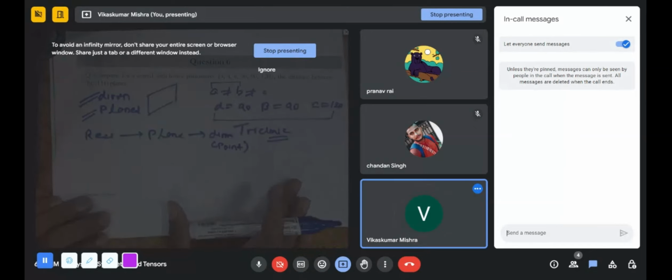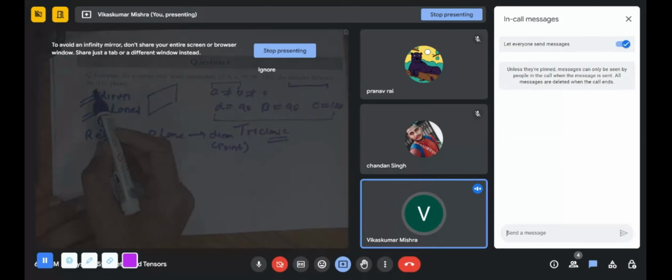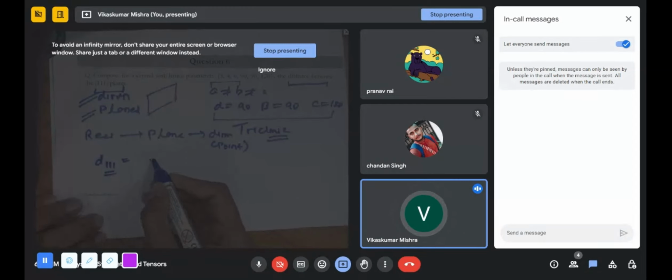Okay, so we need to find the distance between the planes, and we know how we find the distance in the real space. For a direction, we take the dot product in the crystal coordinate system, and here we use the metric tensor.